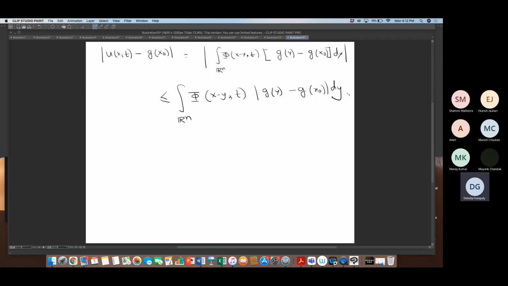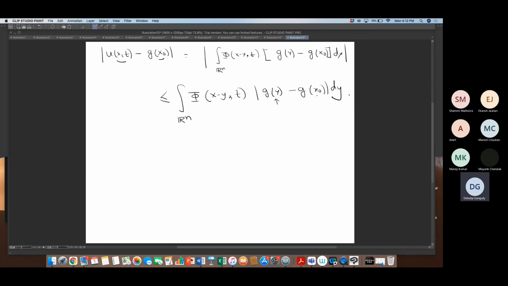So what will I do, as (x,t) goes to (x naught, 0)? Any idea? Consider a small ball around x naught, and then I can add a sum of two integrals. You take y very close to x naught.